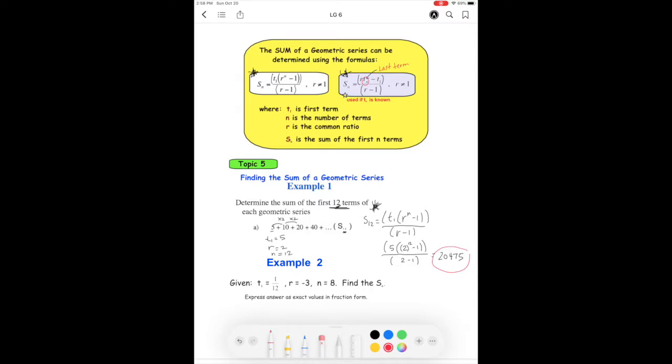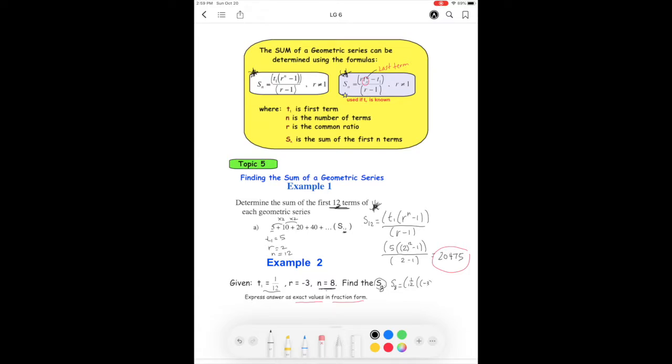Okay, so let's look at one where we have to find exact answers in fraction form. So slightly different. Okay, a little typing mistake. I said find Sn. We want to find, it says right here, the 8th term, so I should have an 8 there. Let's put an 8 there. Okay, so let's use the formula again. So we are doing the S of 8 equals, now we know T1 is 1/12, and we are bracketing, and now we have the ratio, which is -3.